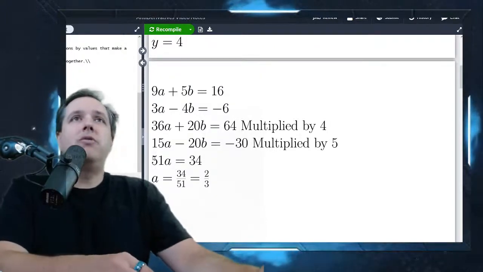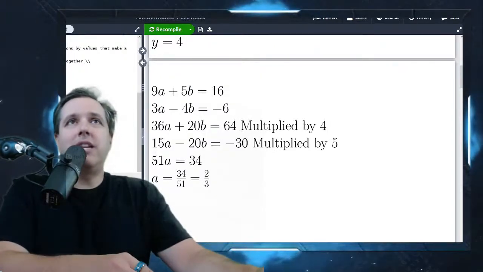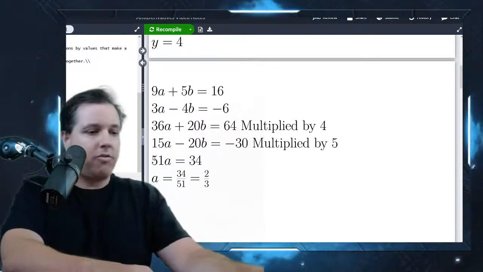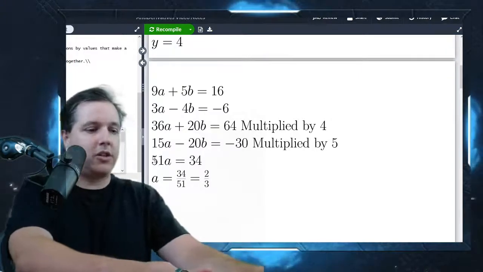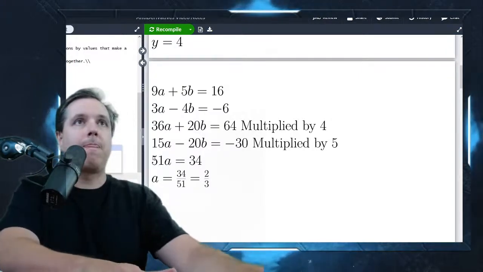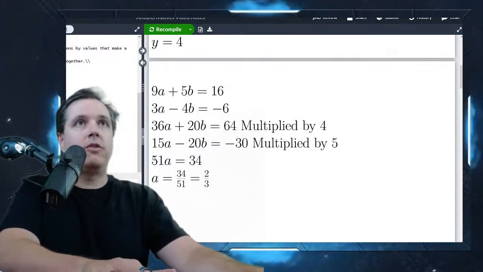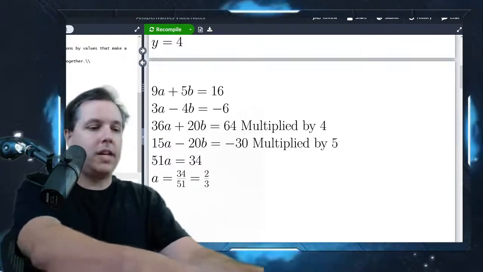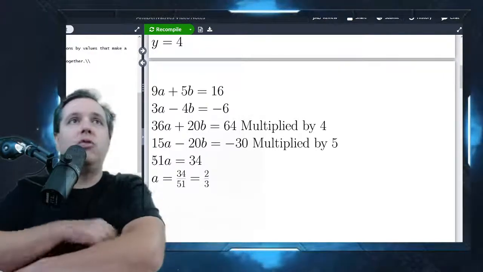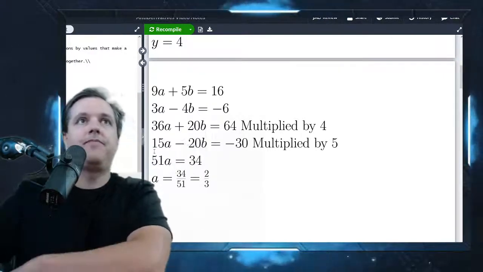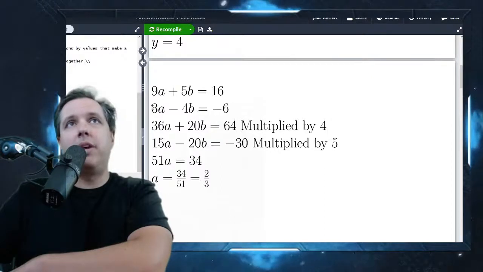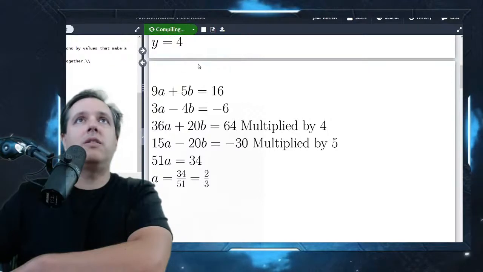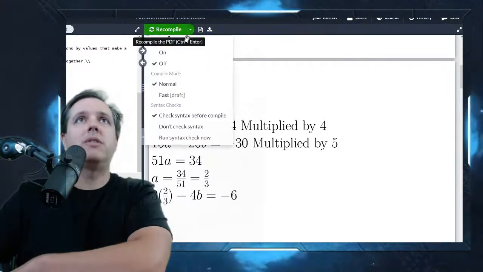So let's see. If I do that, let's take the second equation. So if I do 3 times the fraction 2/3 minus 4b equals -6. So I took equation 2 from the very beginning of the problem, and I substituted in my value of 2/3 into it.